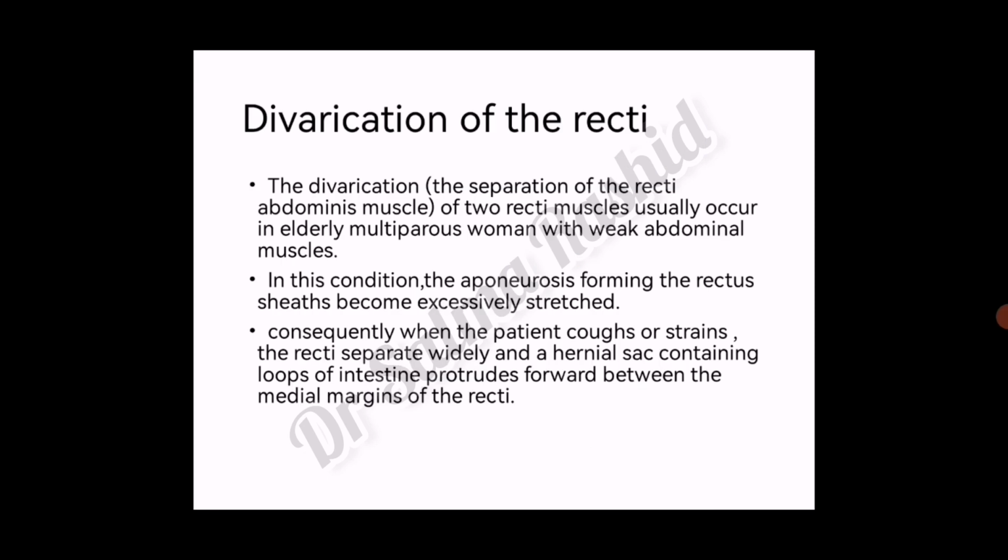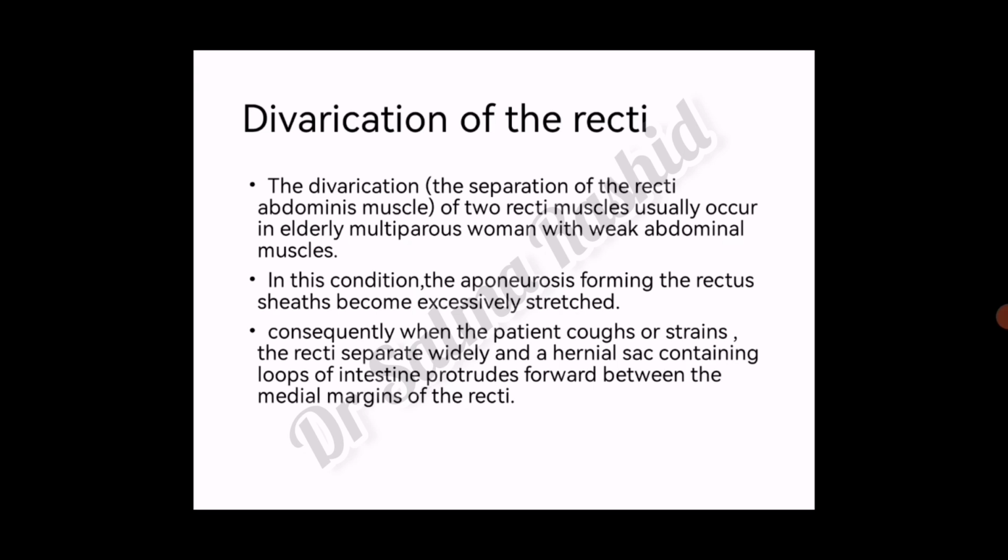The divarication, which is the separation of the rectus abdominis muscle into two recti muscles, usually occurs in elderly multiparous women with weak abdominal muscles. In this condition, the aponeurosis forming the rectus sheath becomes extensively stretched.